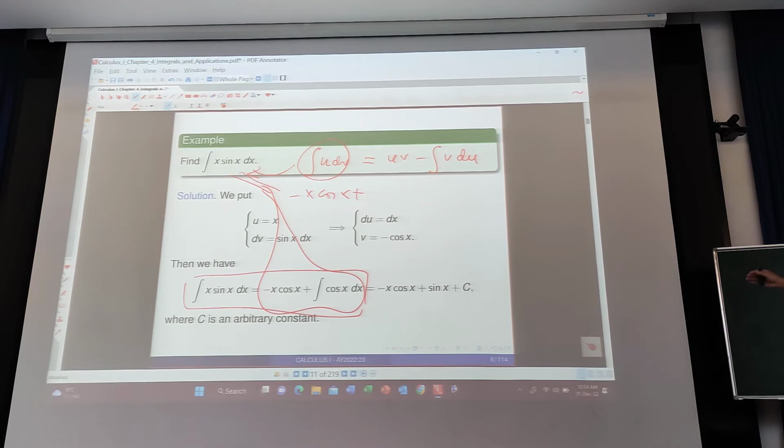Writing is correct, but this way skips the first step, where we put these things. This way is correct, but without any explanation. And the grader, the person who marks, doesn't know whether the student did it by himself or herself, or looked at a neighbor, or listened from some outside information.